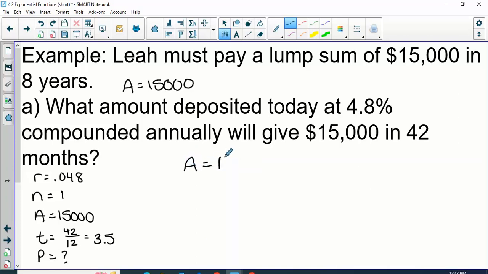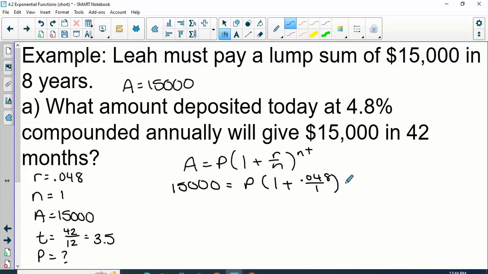So A equals P, 1 plus r over n to the nt power. So A is 15,000 equals P, 1 plus 0.048 divided by 1 to the 1 times 3.5 power.